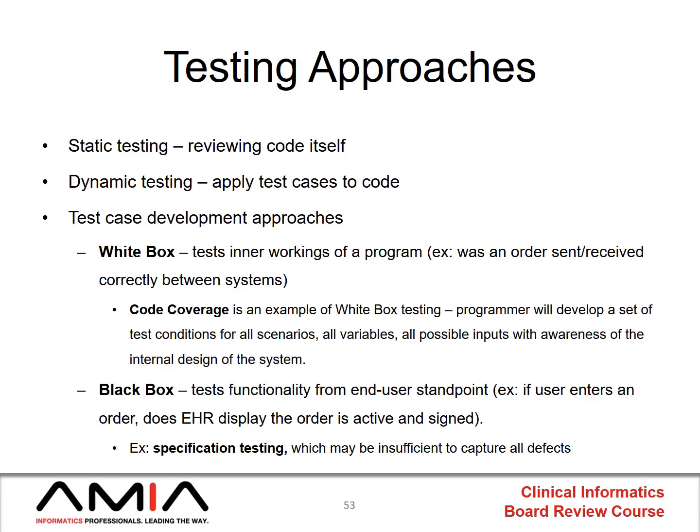One specific subtype of white box testing is called code coverage. And in this example, the programmer will develop a set of test conditions for every possible scenario, for every variable, for all possible inputs, even the ones that may be nonsensical. So for example, let's say I have a line of code where I say, if the patient's age is less than 12, do something.